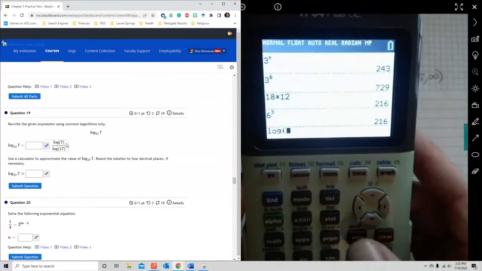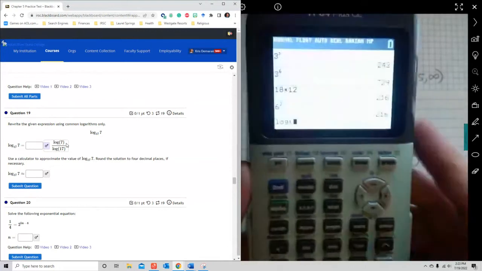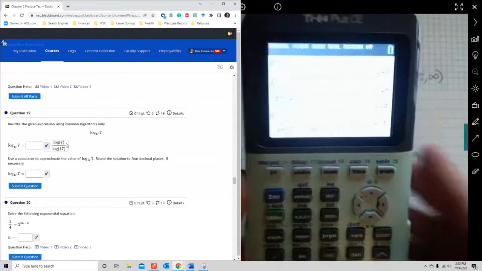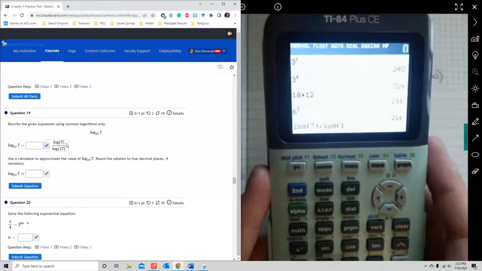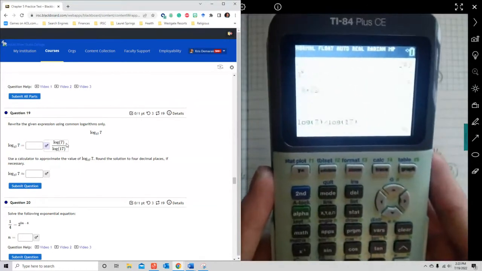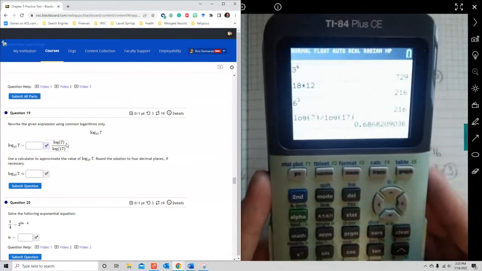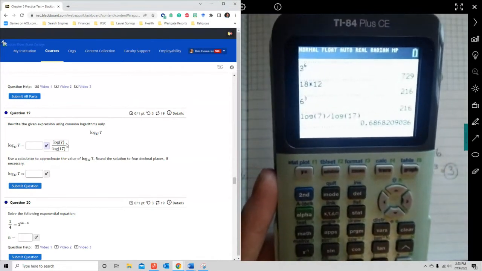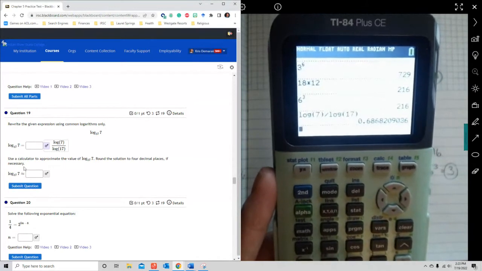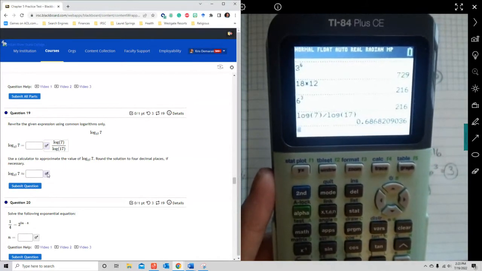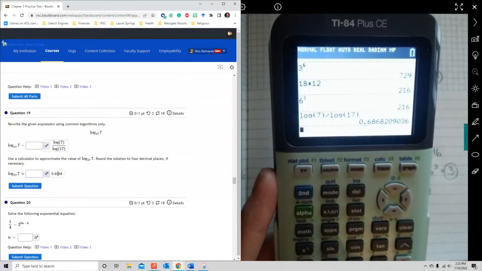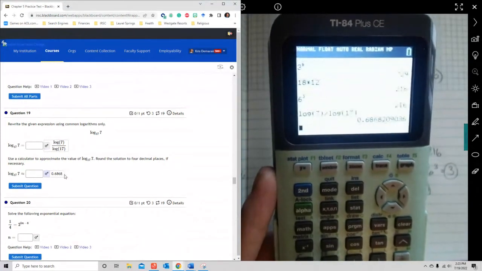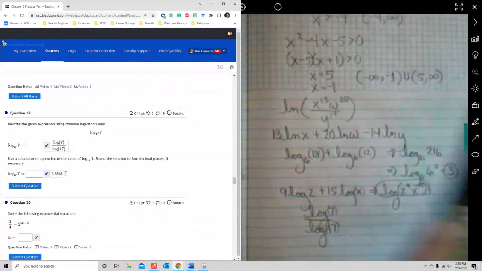So we're taking common log of 7 divided by common log of 17. All right, and now we get this value. And it says to approximate it to 4 decimal places. So we get the approximation to equal 0.6868. All right. So that's all that is.